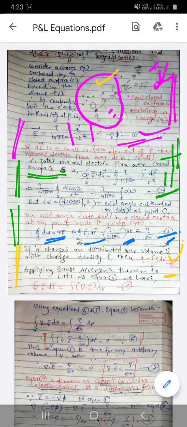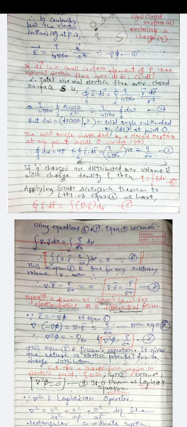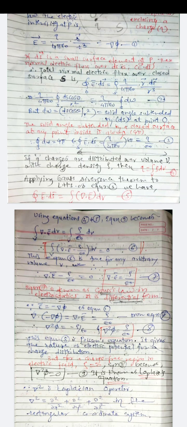Applying Gauss divergence theorem to the LHS of equation 3, we have the surface integral of E bar dot ds bar equal to the volume integral of divergence of E bar dV.